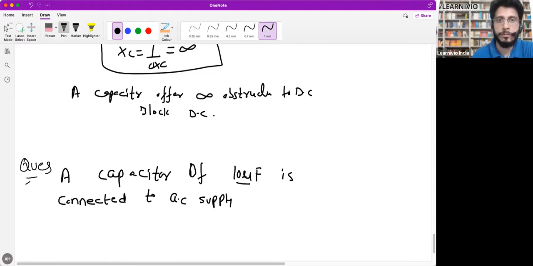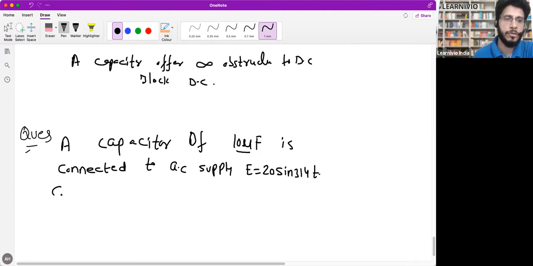No, 10 microfarad. To remove micro, multiply with 10 raised to the power minus 6. This is the AC supply, 20 sine 340 t. Calculate first part: capacitive reactance.